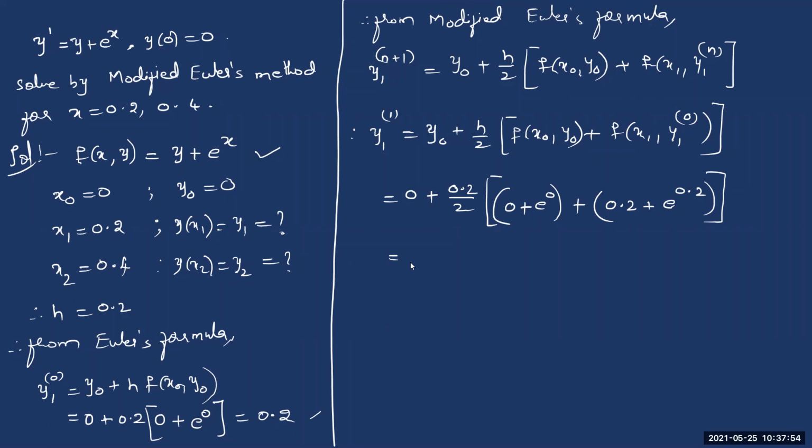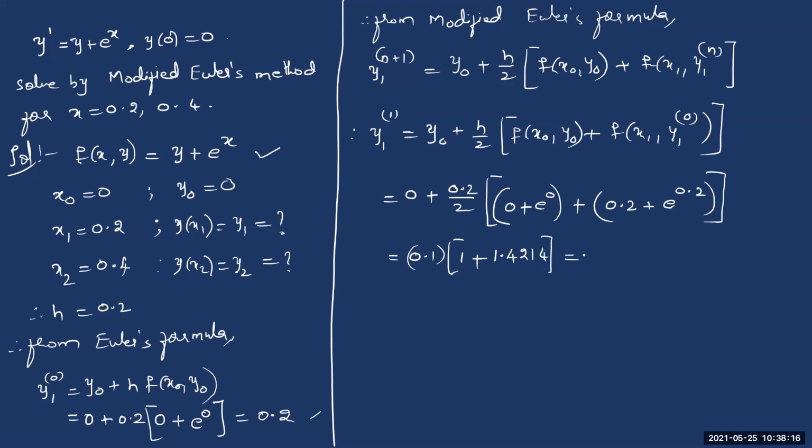So it is 0.1 times, e power 0 is 1, and here I'm just writing 0.2 plus e to the power of 0.2. From my calculator, I got 1.4214.